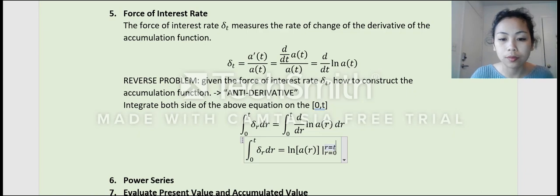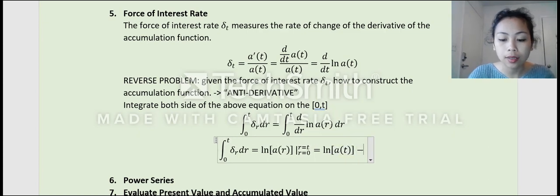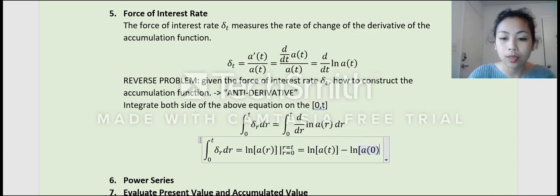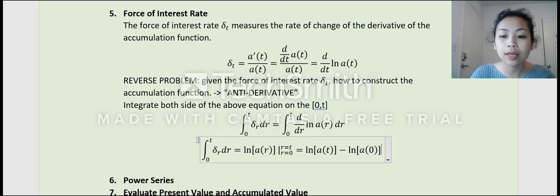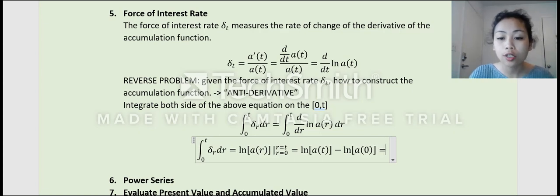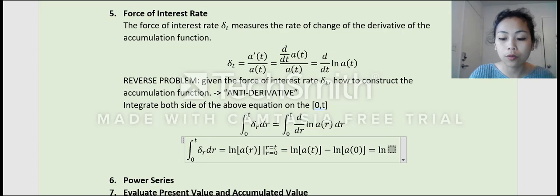That is equal to natural log of a of t minus natural log of a of 0. And don't forget a of 0 is 1, because that is how much money you accumulate at time 0 when you invest $1. At time 0, you invest $1, you have exactly $1. So that's equal to natural log of a of t.